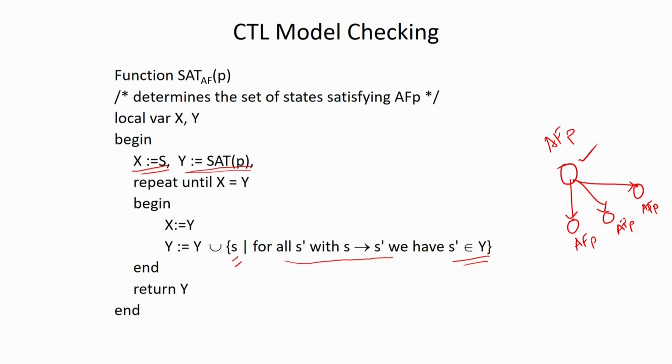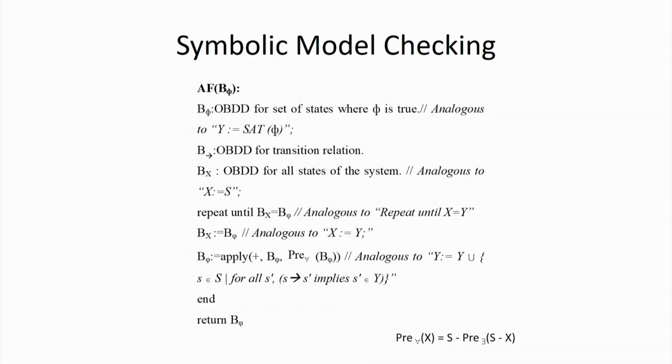Now, these things will again be implemented with the help of the symbolic model checking algorithm, where we are going to use BDDs. So, similar to EX phi, here I am going to say that B phi is an OBDD representation of the set of states where phi is true. This is analogous to Y is equal to the satisfaction of phi.